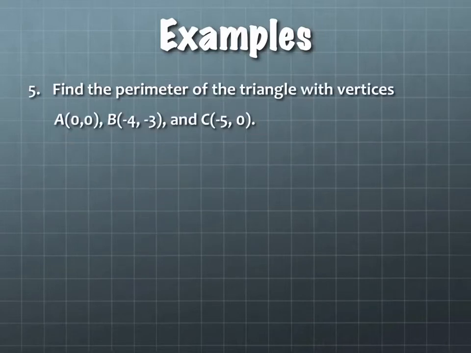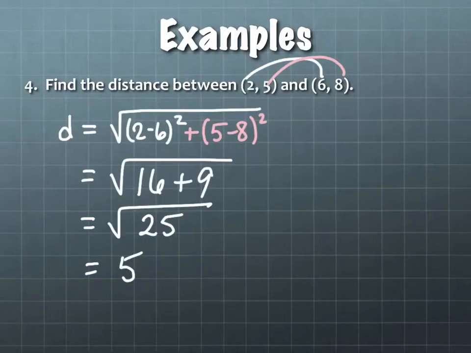Okay, fix my notes. The next question is actually a little more complicated. It asks for the perimeter of a triangle with certain vertices. So in order to do this, if you want to draw a picture, you can. But you've got 3 vertices, and it's a triangle, which means you're going to have 3 sides, right? So in a very real sense, it's actually doing what we did on number 4 3 times.